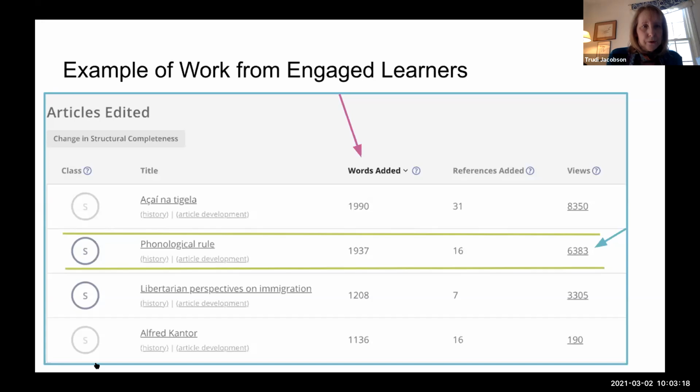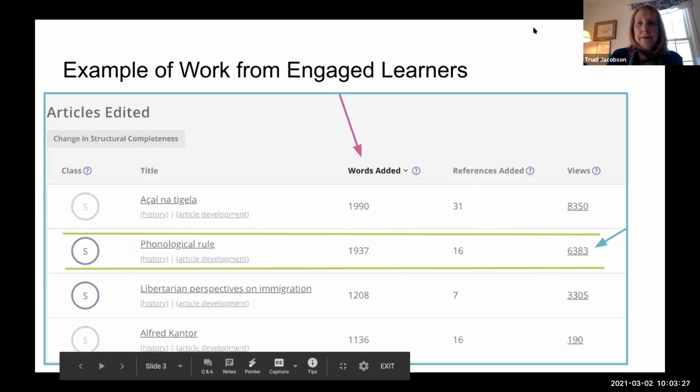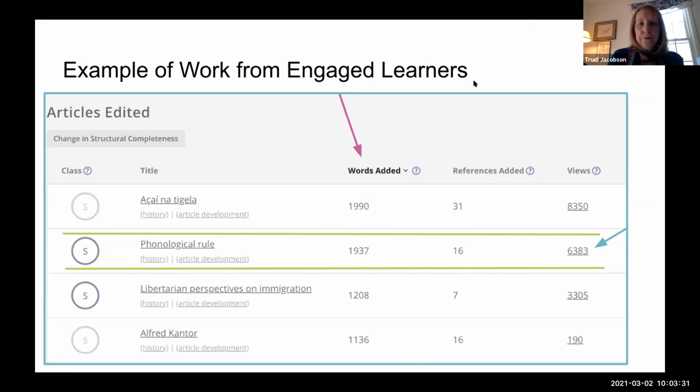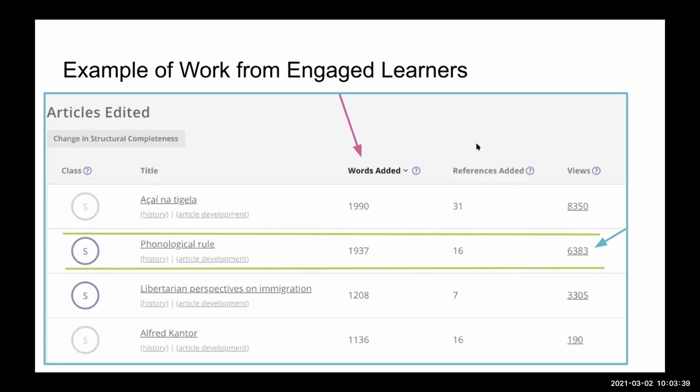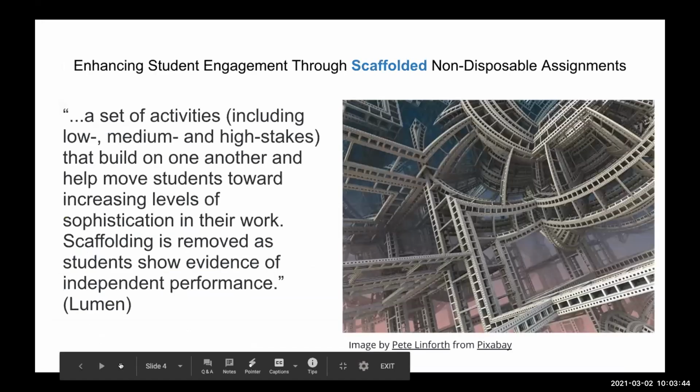This is a student from the fall who added content to phonological rule. He added almost 2,000 words, and there were 6,383 views of his work. So this is definitely what we mean by a non-disposable assignment.